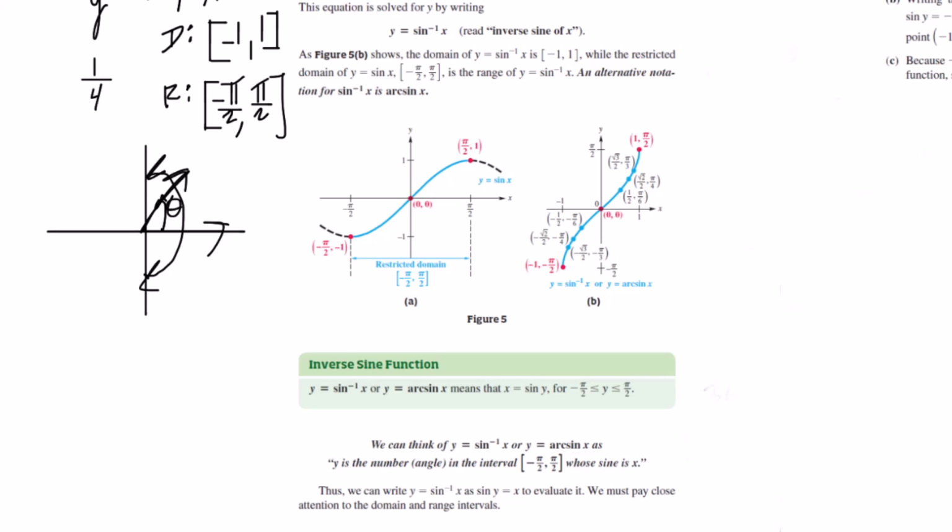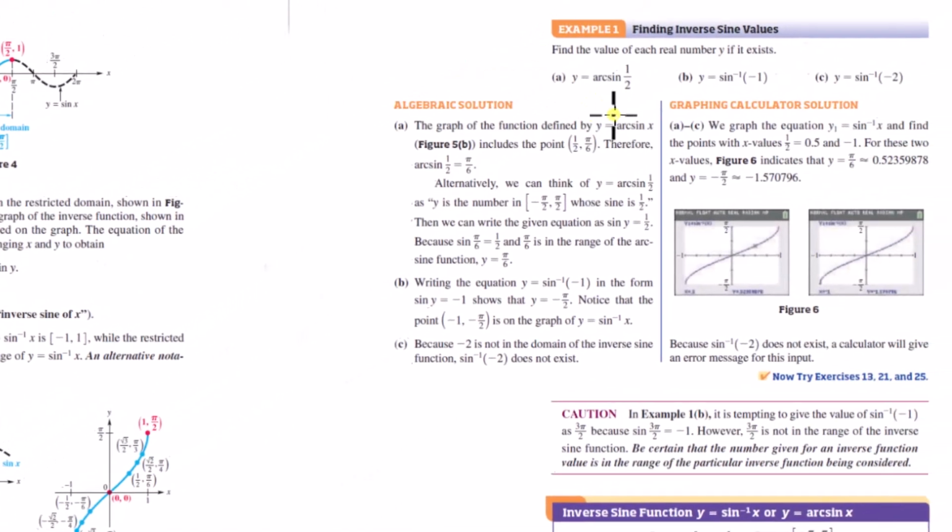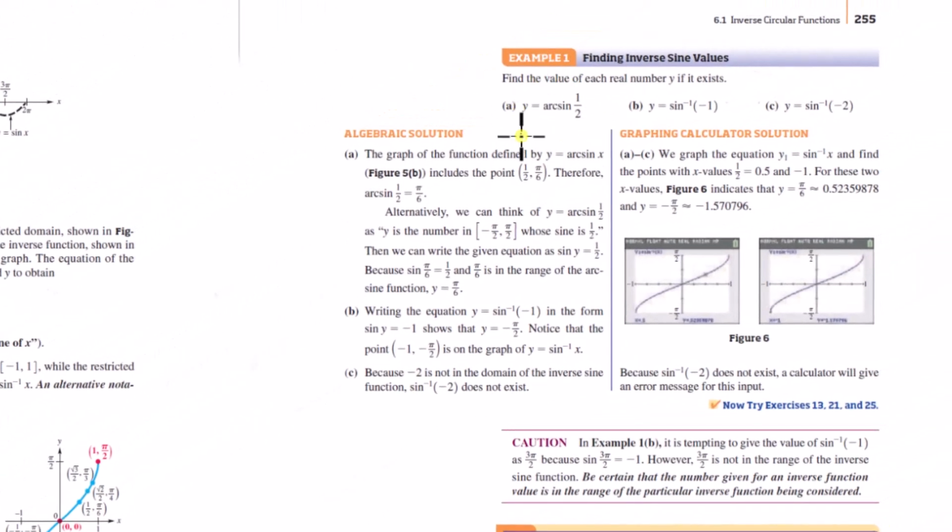When you're applying an inverse trig function, it's going to give you an output, and you're still going to be thinking about all of the other potential values that would satisfy the equation you're dealing with. And why is that? Well, let's take y is equal to arc sine of 1/2.